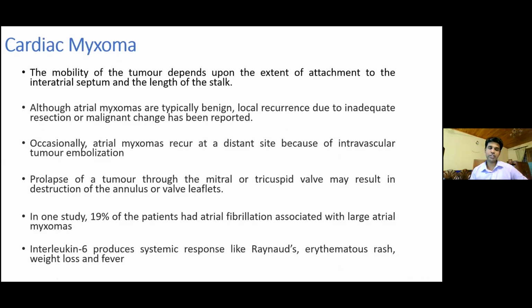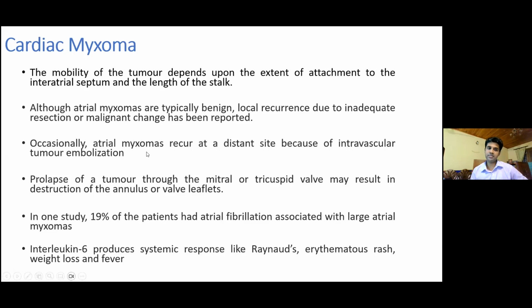A few more words on myxoma, of course, as we are discussing this index case today. The mobility of the tumor understandably depends on how long the stalk is. Myxomas are typically benign, but local recurrence does occur if the resection is incomplete.